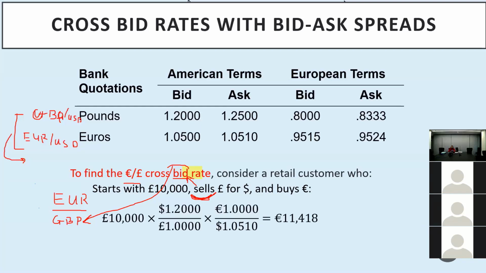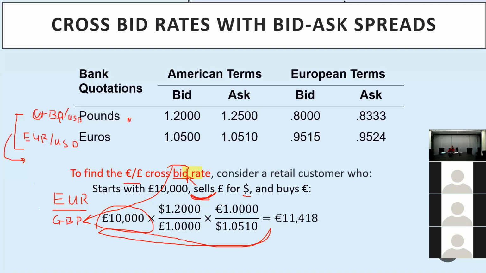So when we start with 10,000 pounds and we want to convert it into the euro through the two exchange rates that we are given in the question, this is how we can do the calculations, right? So let's start with 10,000 pounds first. Now suppose that we have 10,000 pounds and we want to sell the 10,000 pounds to get the USD, right?